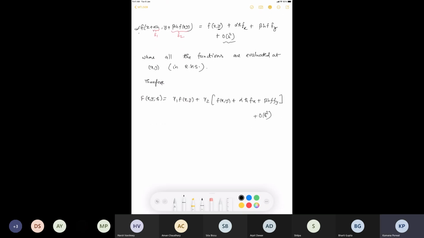All right, so let me just take out h from here. So we have gamma 1 times this plus gamma 2 times f(x, y) plus h, I can take it out, so this is going to be alpha f_x plus beta f into f_y plus order h square.